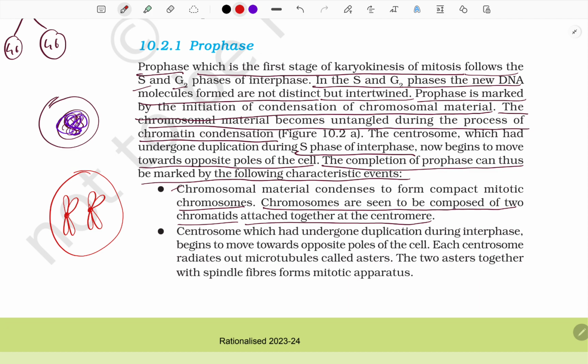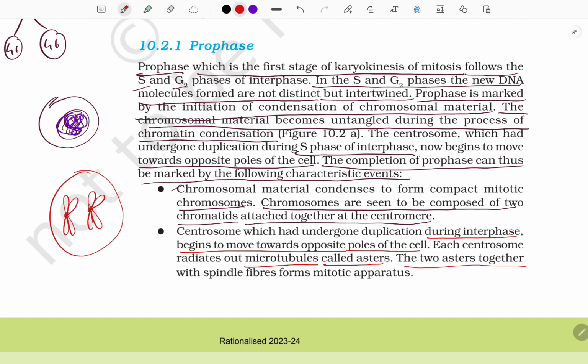The centrosome, which has undergone duplication during interphase, begins to move towards the opposite poles of the cell. Each centrosome radiates out microtubules, which we call asters.